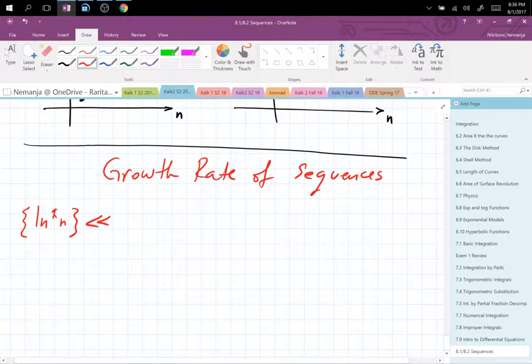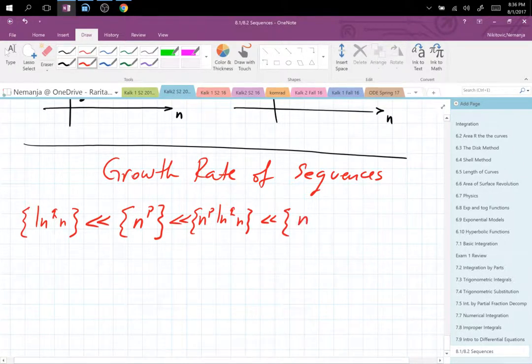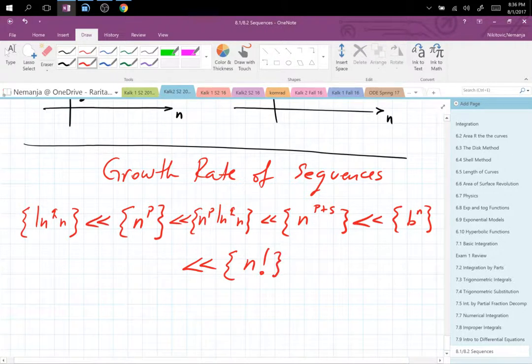So now the growth rate of sequences goes: any sequence that is ln to whatever power of n grows slower than the polynomial-looking one, which grows slower than the multiplication of the two, which grows slower than when you multiply two polynomials, which grows slower than the exponential, which grows slower than the factorial.